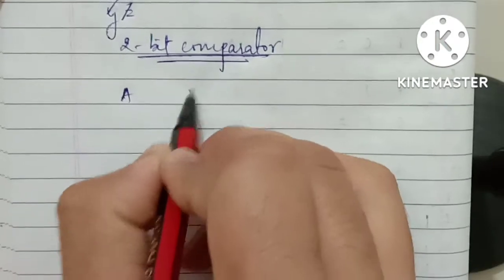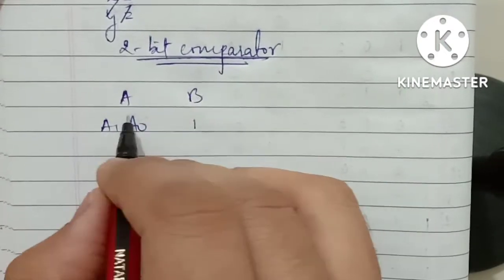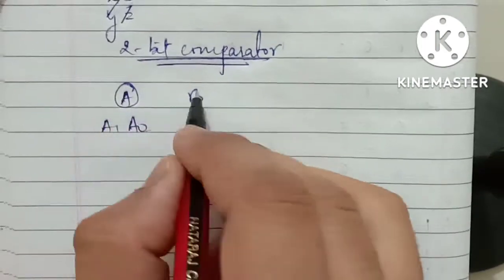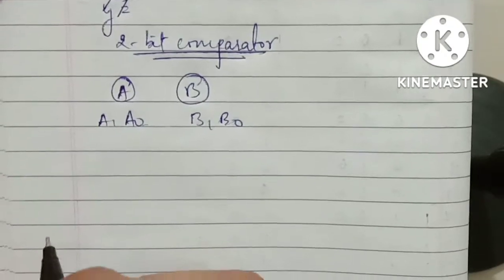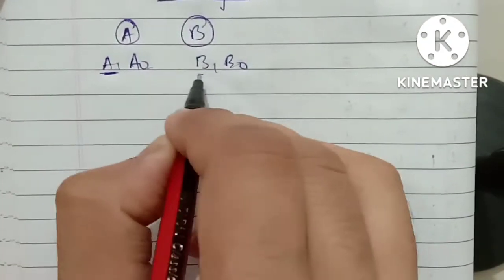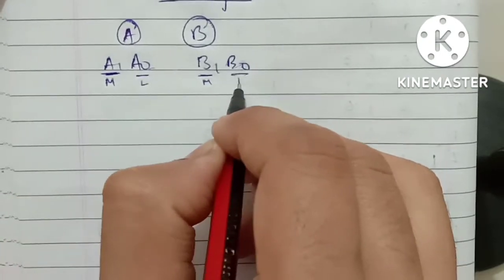Suppose a and b are two 2-bit numbers, a1 a0 and b1 b0. This is your MSB and this is your MSB, and this is your LSB and this is your LSB.